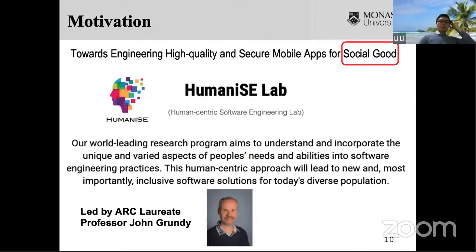At Monash University, we have a dedicated lab called Humanise Lab, led by ARC Laureate Fellow Professor John Grundy. The Humanise Lab aims at incorporating the unique and varied aspects of people's needs and abilities into software engineering practices.